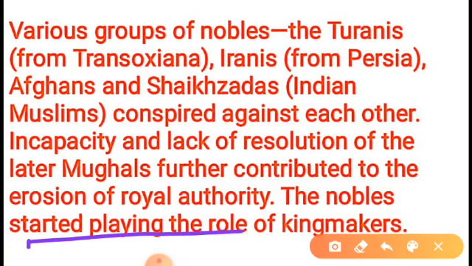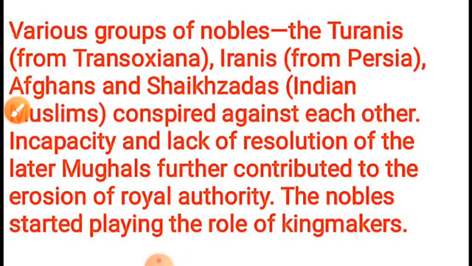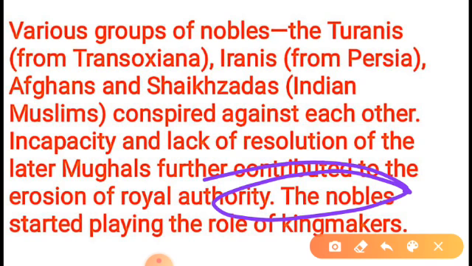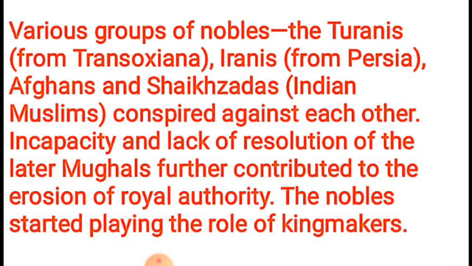The nobles started playing the role of kingmakers. They became very powerful, because they saw that the Mughal emperors were very weak, so they tried to capture their own portions and declare independence.